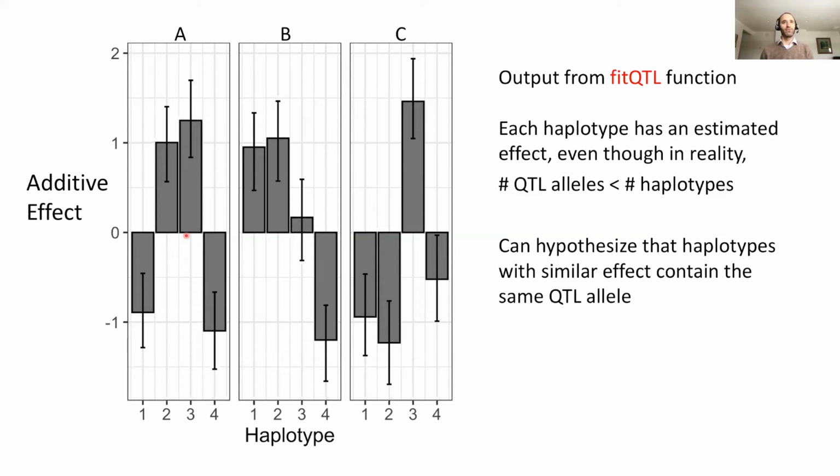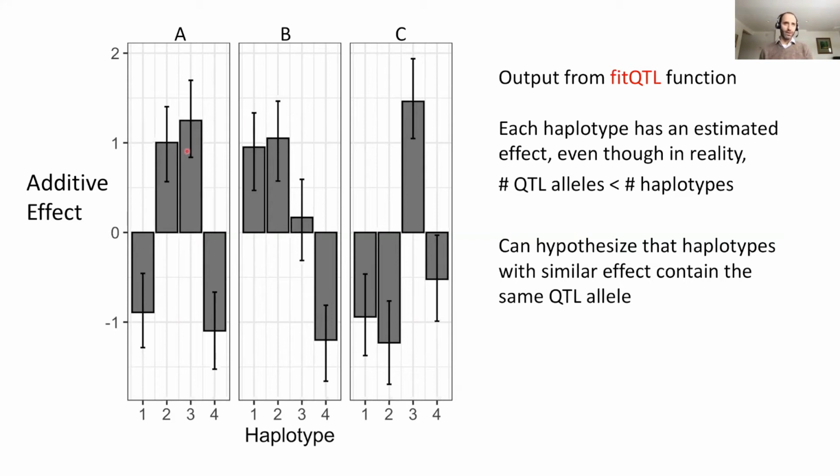So for example, this is the output from looking at a particular trait in a potato data set, and maybe we can look and see that haplotypes 1 and 4 from parent A have an additive effect of around -1, which is similar to haplotype 4 of parent B and haplotypes 1 and 2 of parent C. So maybe those are all actually the same underlying QTL allele.